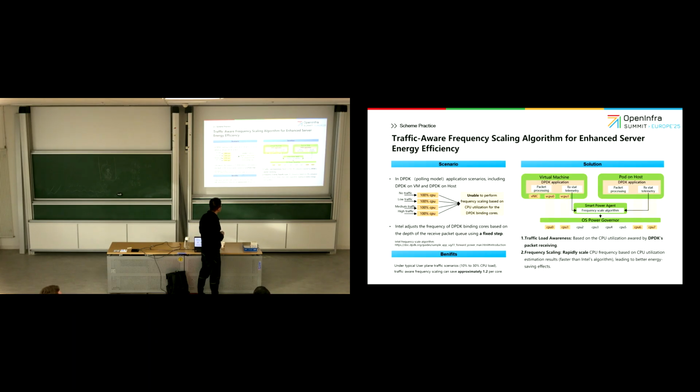There's one feature: in Telco Cloud we use DPDK for packet transmission. One symptom is that DPDK will use 100% of the CPU, no matter whether it's running real traffic or not. It does not know the real business requirement, but it's running at 100%.